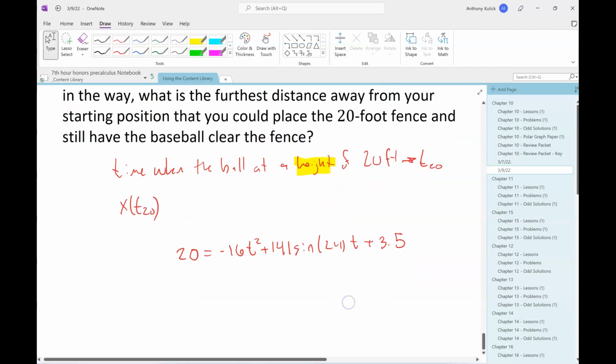Okay. What do I got to do to solve this? Got to subtract the 20 first, and then we can quadratic formula that guy again, right?